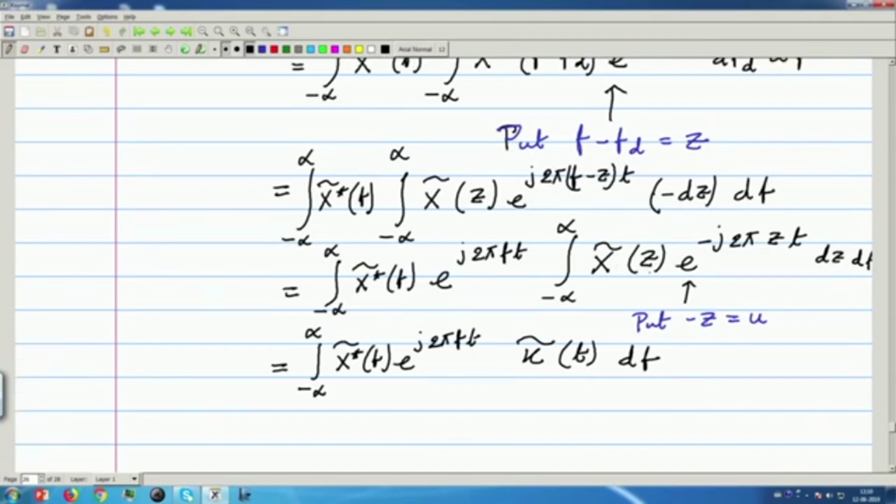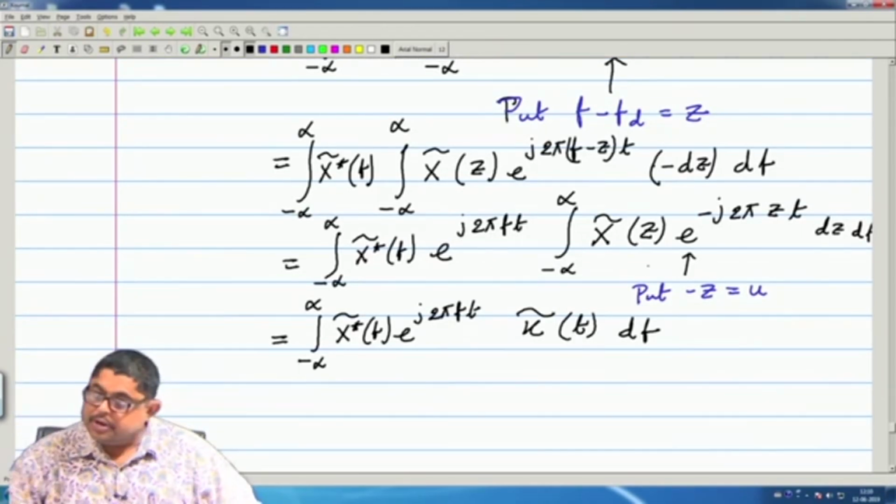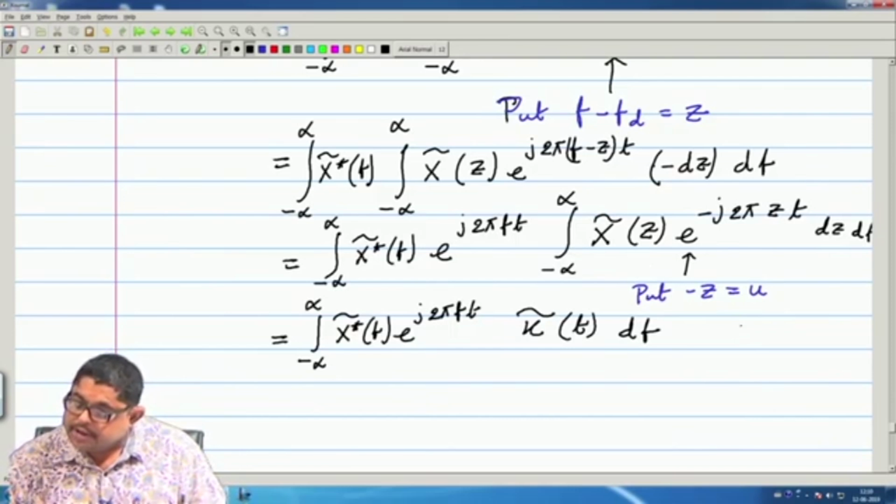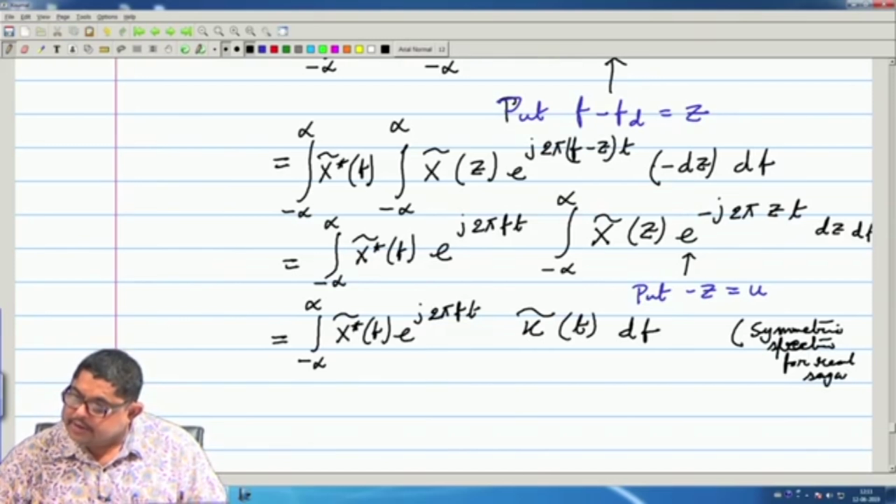So x minus z you can again put x plus z, because for real signals the spectrum is symmetric. So I should write here: symmetric spectrum for real signal, and our signal is always a real signal.